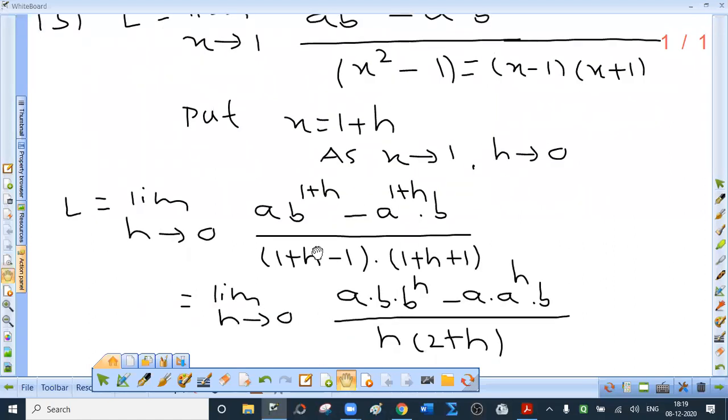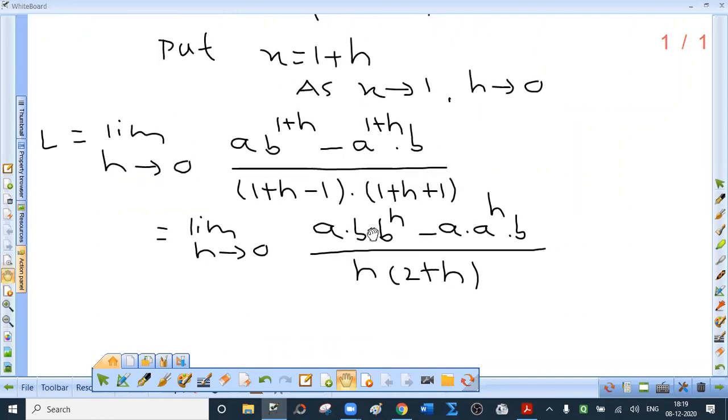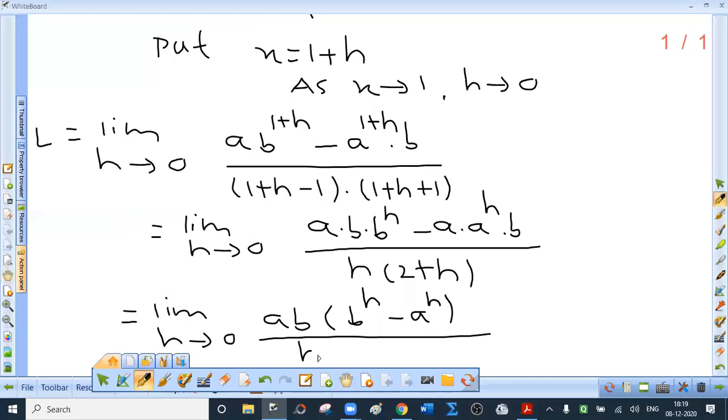Use laws of indices. What is b raised to 1 plus h? It is b into b raised to h. What is a raised to 1 plus h? a into a raised to h. Take ab common to get limit h tends to 0, ab common, b raised to h minus a raised to h upon h into 2 plus h.